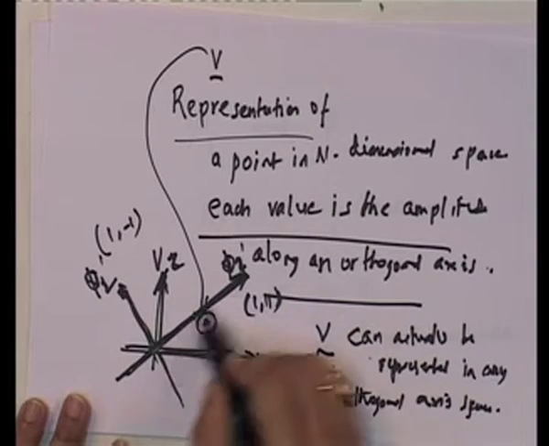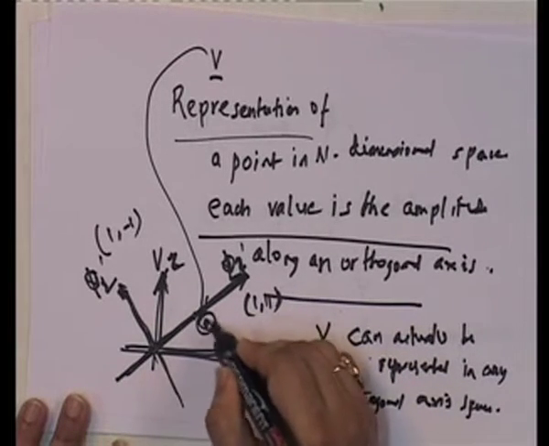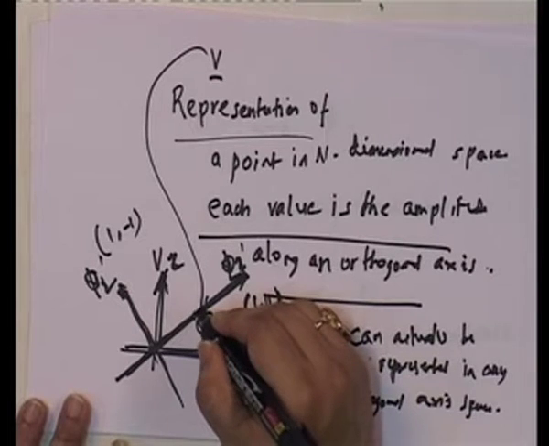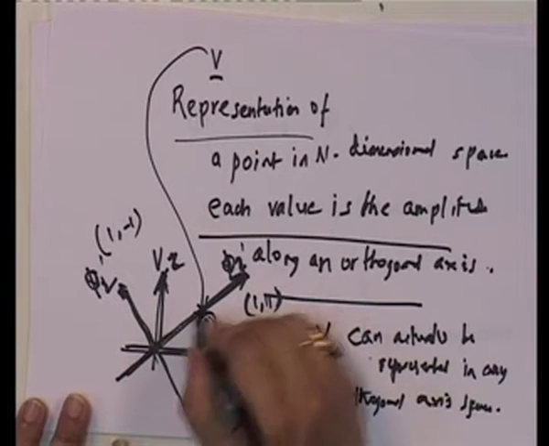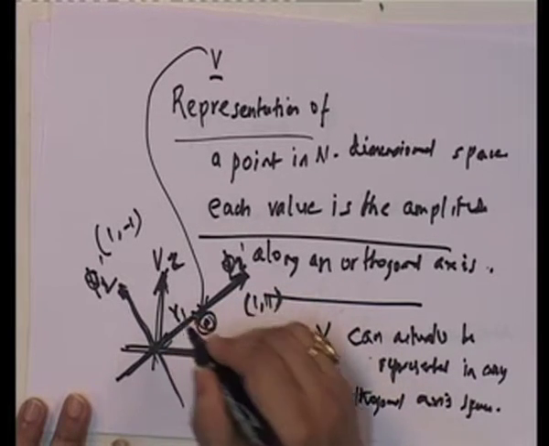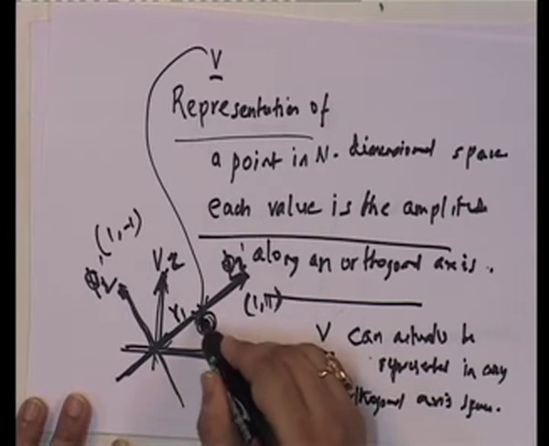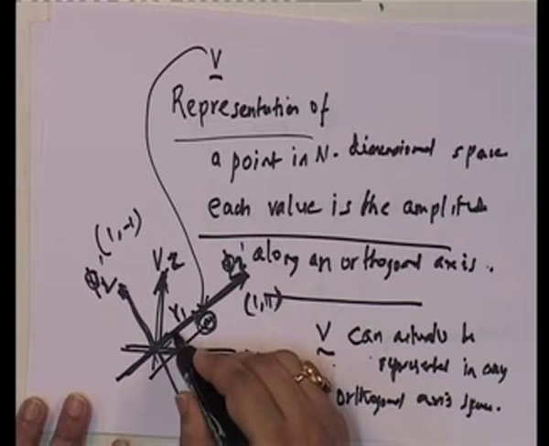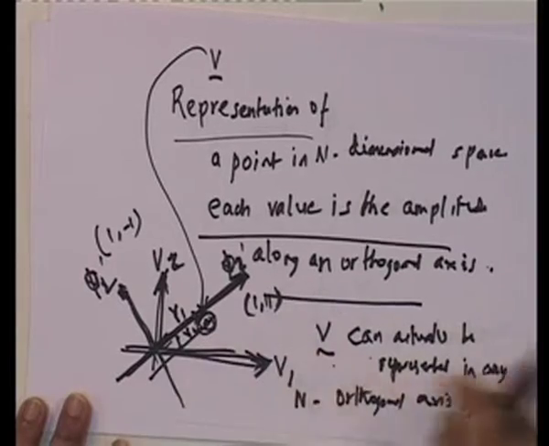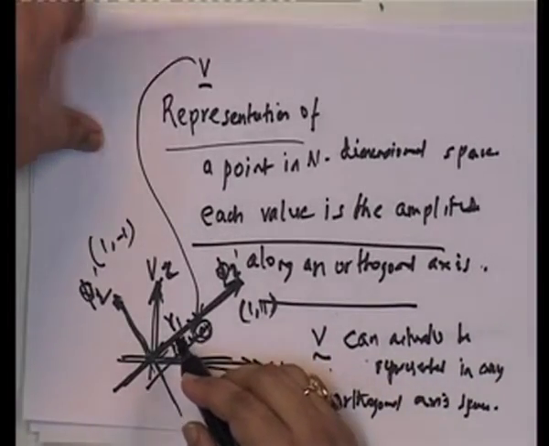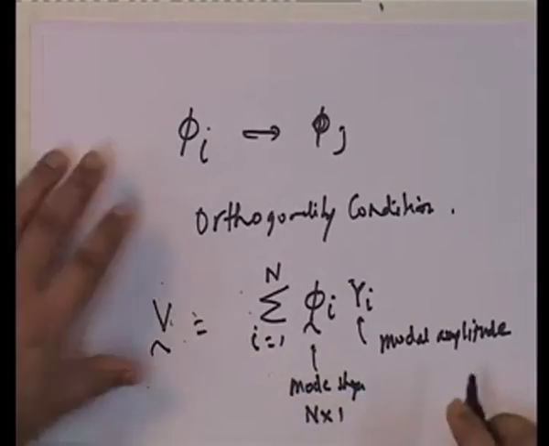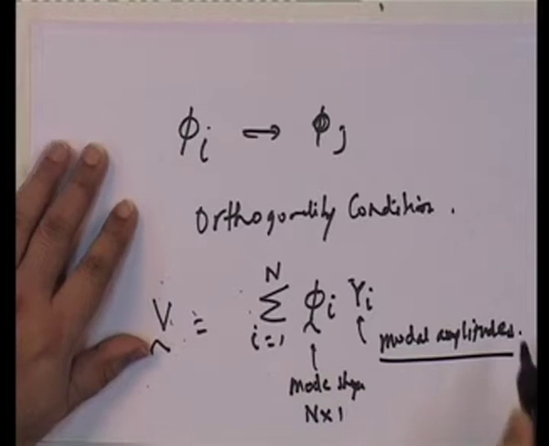They are orthogonal with respect to each other, and this point will then have this as my y 1 and this as my y 2. So, you see, those are the amplitudes. Those are the modal amplitudes.